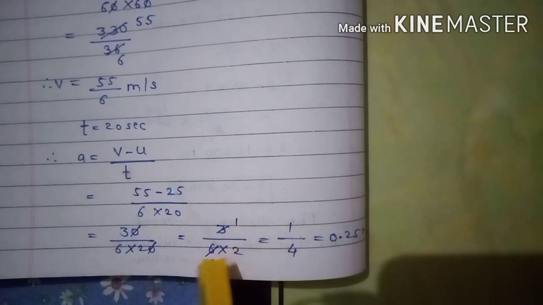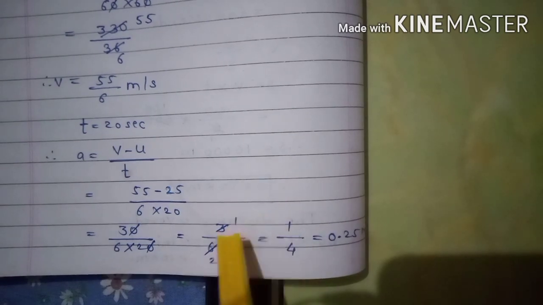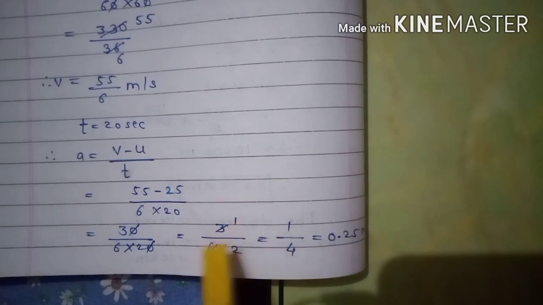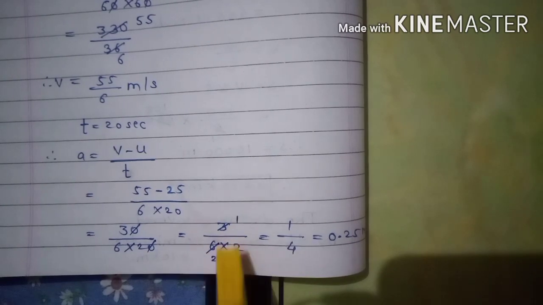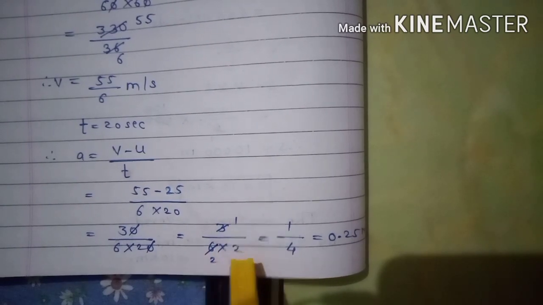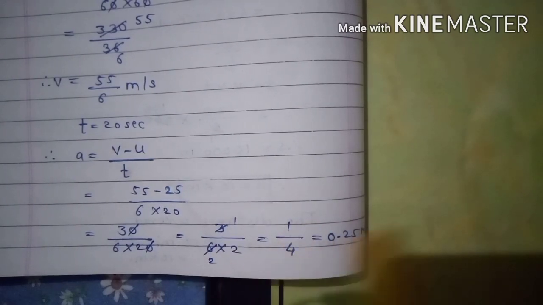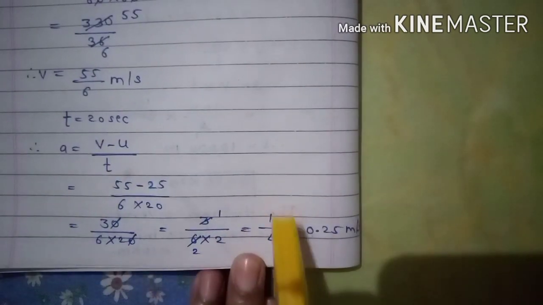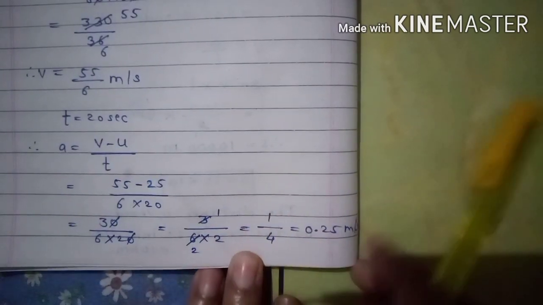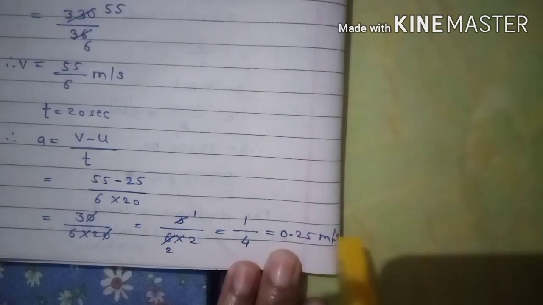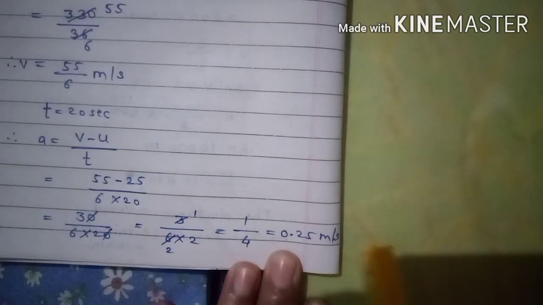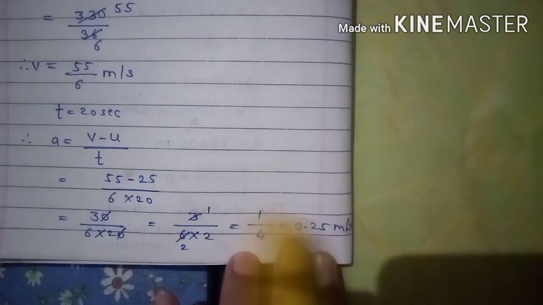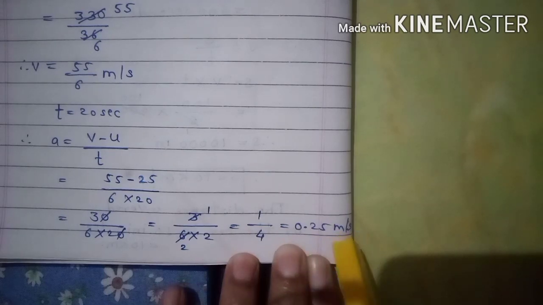So 3 upon 6 into 2. Again 3 can divide 6, 3 ones are 3, 3 twos are 6. So 2 into 2, that is equal to 1 upon 4. And we know, children, that 1 upon 4 means 0.25. So the acceleration we got is 0.25 meter per second square, because the acceleration unit is meter per second square.